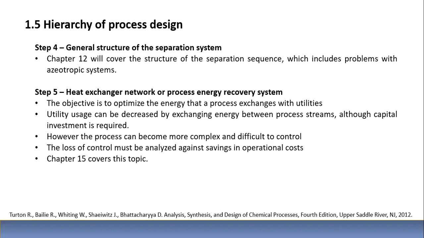The loss of control must be analyzed against savings in operational costs. Eso es verdad porque dicen, según se ha leído, que al tener varias líneas calientes que intercambian calor con líneas frías, el control de proceso se pierde, ¿no? Porque no es lo mismo controlar un proceso con pocos equipos que controlar un proceso con múltiples equipos. El control del proceso se pierde porque las líneas están entrelazadas en varios intercambiadores de calor.